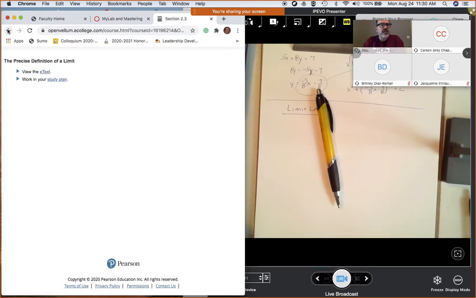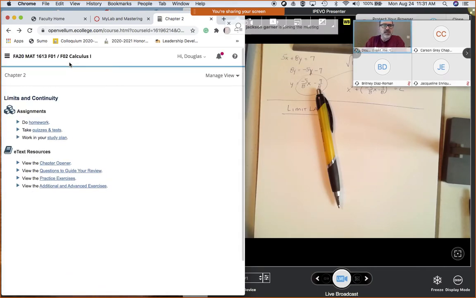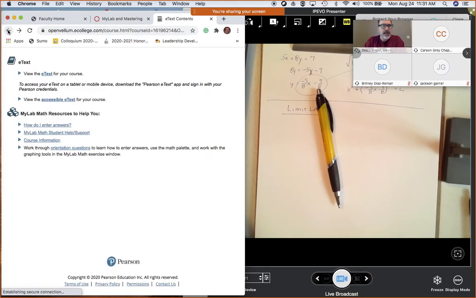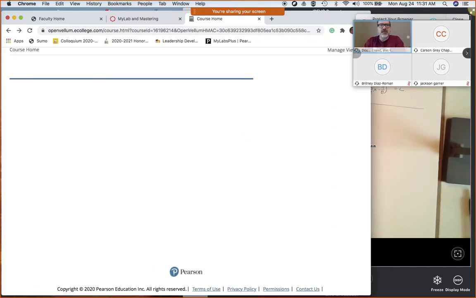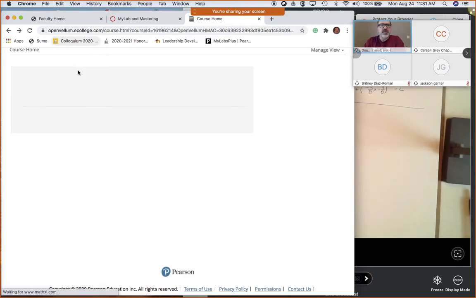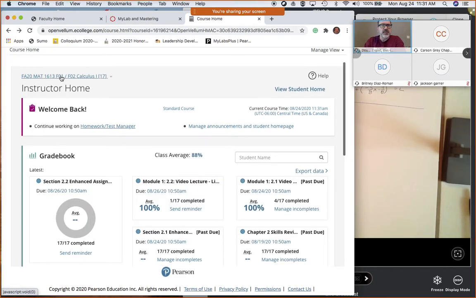Oops, that's not what I want. Apparently limit laws is still in 2.2. I thought it was in 2.3, but go back again. We'll get there eventually. It's not going to be as much for me to write, so I can probably show more of the other screen.